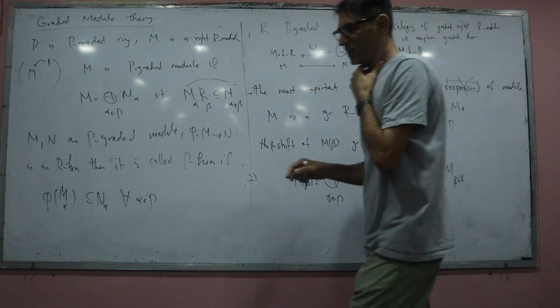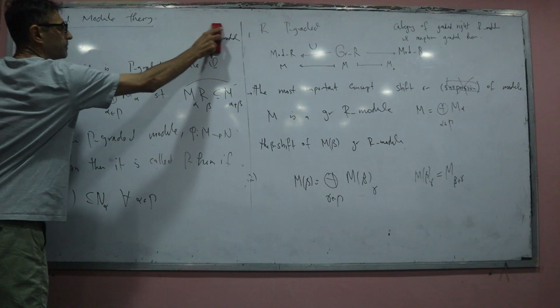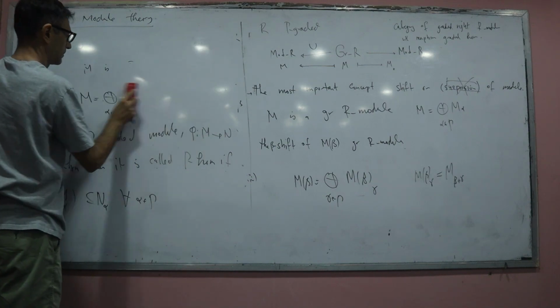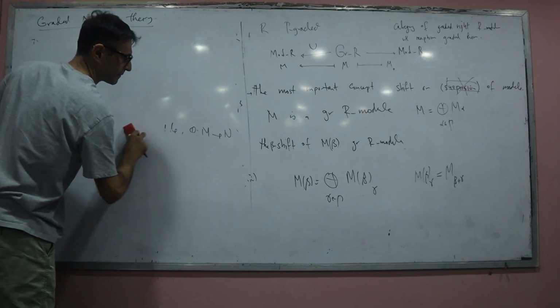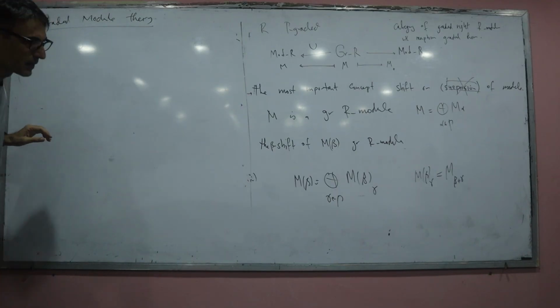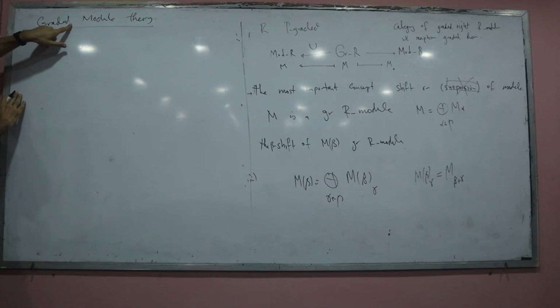So I always have a nice chart that might show you what I mean by the shift. And that tells you why these graded rings are good when you want to capture dynamics.